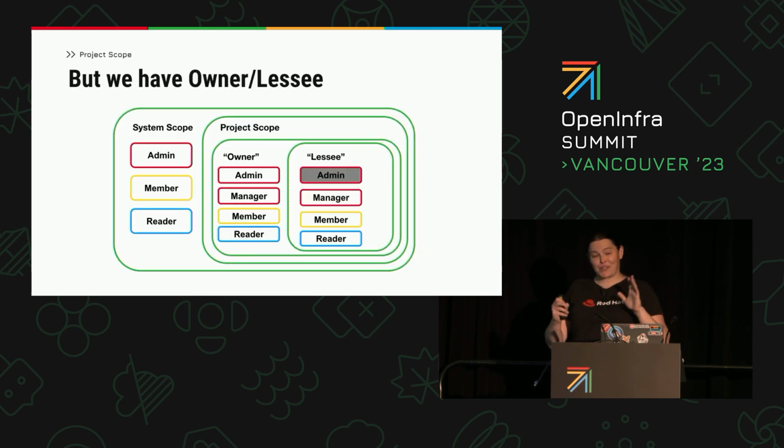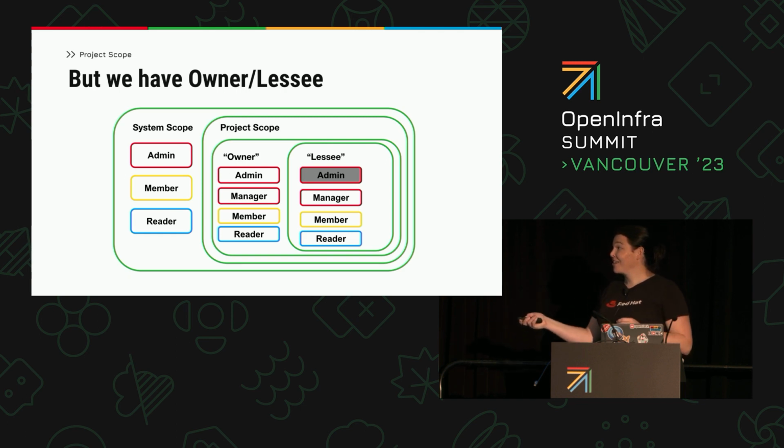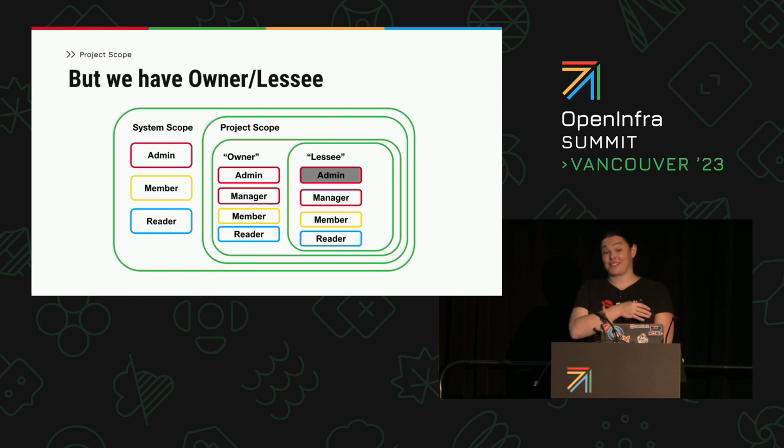But when we start laying this up in the model, we have an entire system scope of access, and then in project scope, we have owners and lessees nested into that. So when you start thinking about that, it means an owner can see a lessee's machine if they've leased it out. A lessee can see nothing else. And someone in the system scope can see everything.